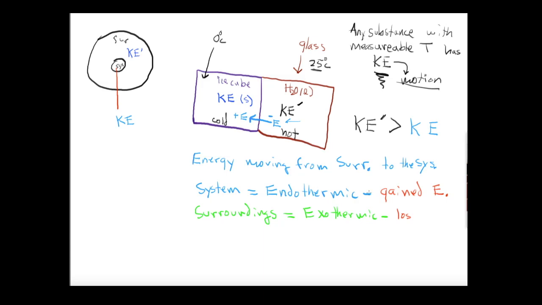This surroundings lost energy. I'm sorry if I don't want you to be confused. So the surroundings here is losing energy, okay, and our system gained energy. So for anything that is gaining energy, this is an endothermic process. And for anything that is losing energy, that is an exothermic process.